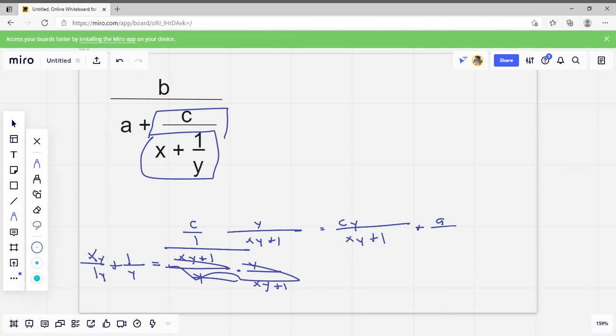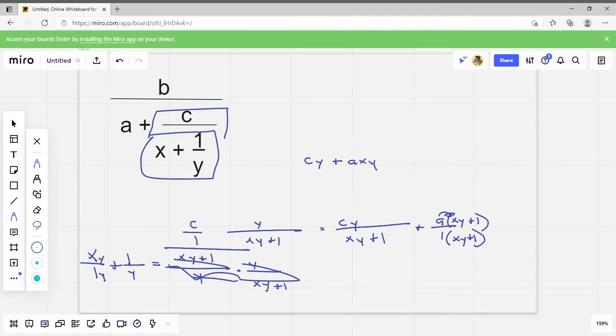That would be a over 1. To get a common denominator, we're going to have to multiply this times xy plus 1, xy plus 1. Alright, so if I rainbowed that, I'd have cy plus axy.